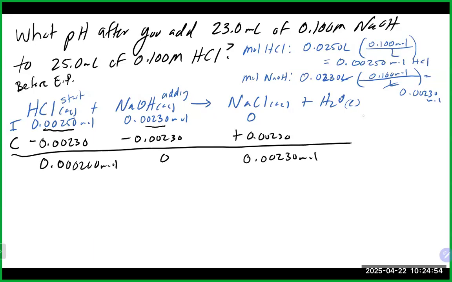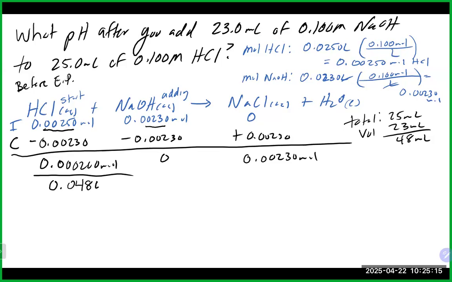So our total volume at this point is, we started with 25 mils of the acid, we added 23 milliliters of the base. So that is 48 milliliters is our total volume in this case. That is what we want to divide by, but obviously we do need to convert that into liters as well. That's going to give us 0.048.